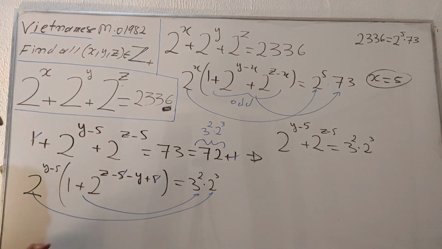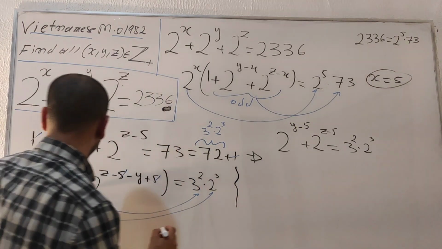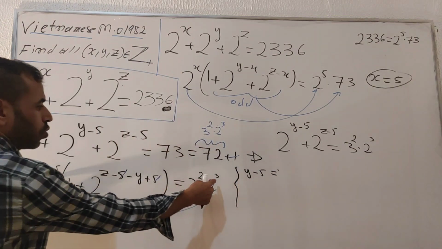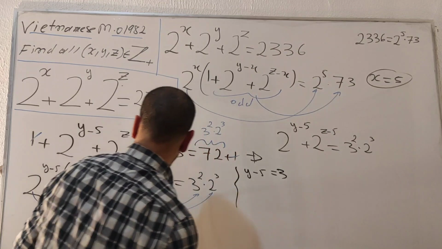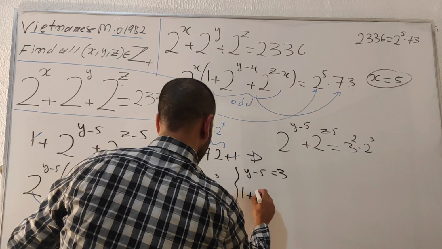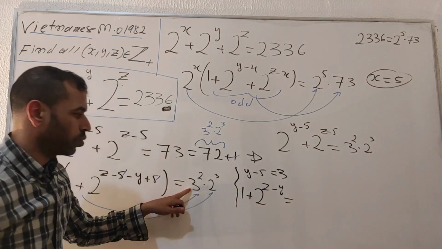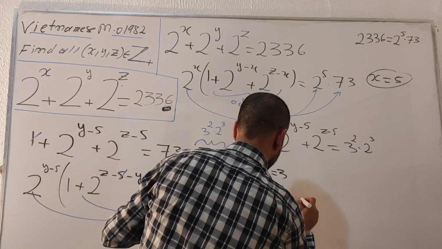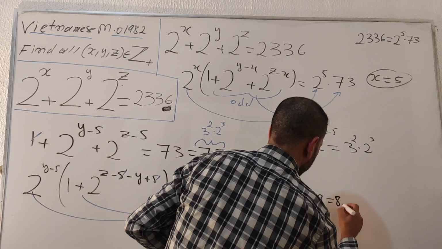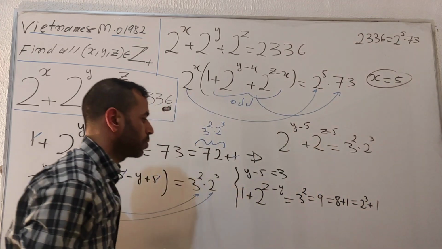So I'm simply going to solve the simple equation system in terms of z and y. We get y minus 5 equals the exponent 3, and also 1 plus 2 to the z minus y equals 9. 3 squared equals 9. 9 is the same as 8 plus number 1, which is 2 cubed plus number 1.